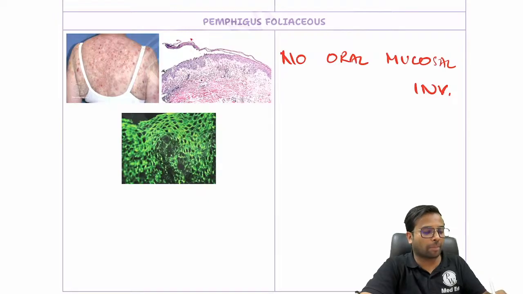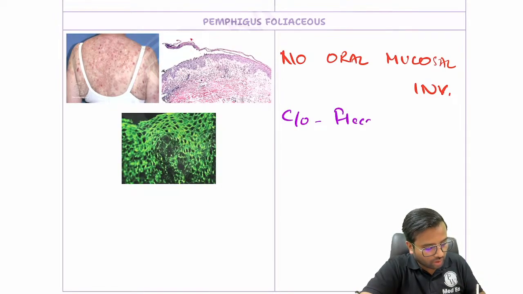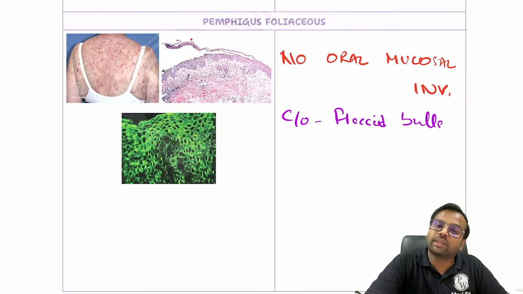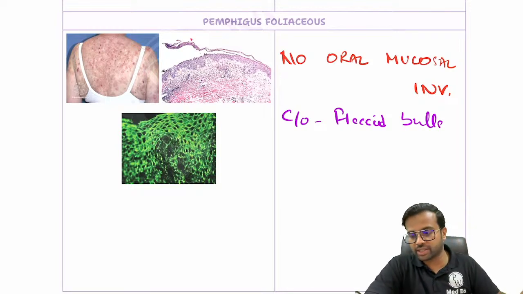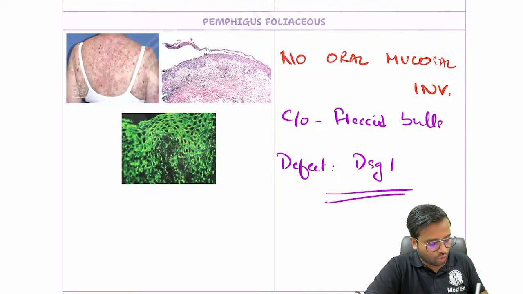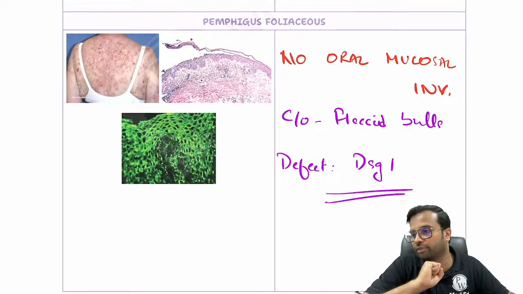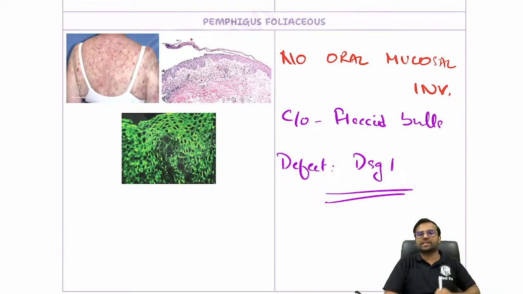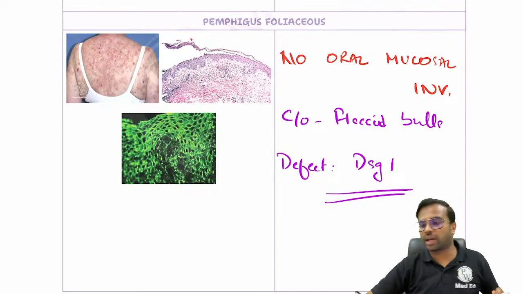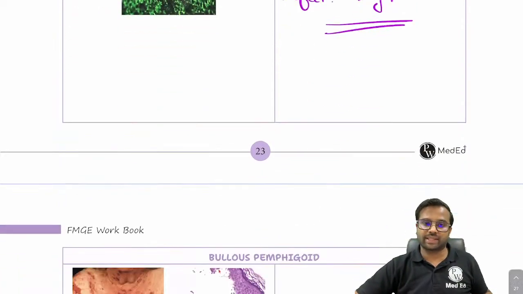If the patient is complaining of flaccid bulla without any oral mucosal involvement, that is going to be pemphigus foliaceus. And here the defect is going to be desmoglein 1 defect. Usually it is seen over the seborrheic sites as well. Remember, the upper part of the trunk is called the seborrheic sites.